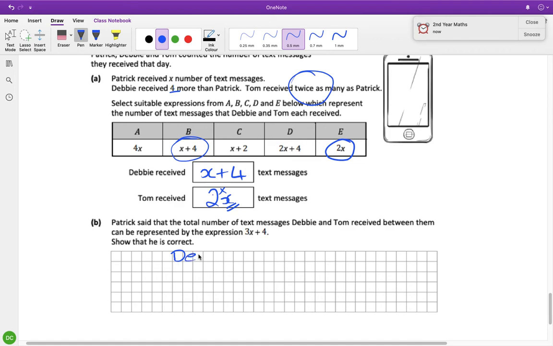So Debbie and Tom, so we do Debbie plus Tom. So Debbie is x plus 4 plus Tom is 2x. So if we look at the families, we have an x here and a 2x here. They can be combined to make 3x, and then you have your 4. And that's it. 3x plus 4.